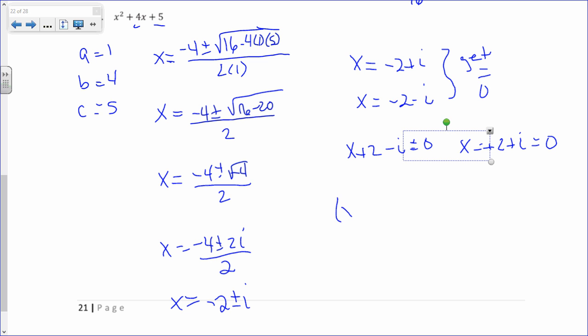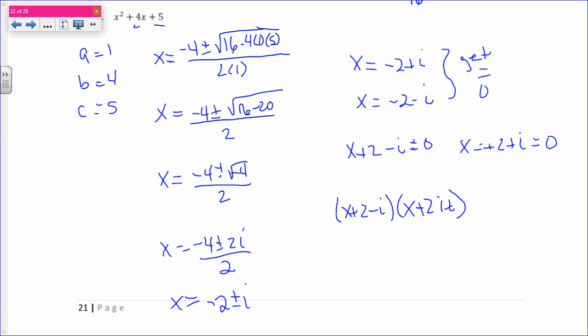So my factors are x plus 2 minus i, and x plus 2 plus i. And I don't really have to verify that since we just used the quadratic formula to find it. To me, that's good enough for verifying. All right, on to the next one.